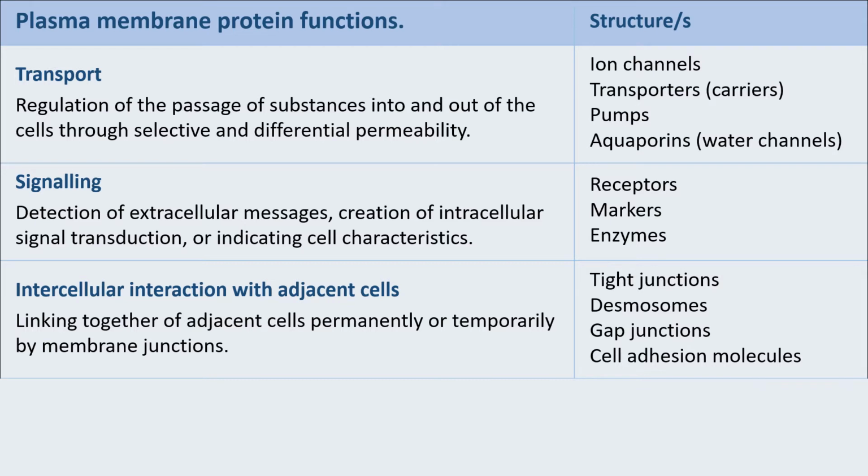So we have to have links between adjacent cells, whether they be permanent or temporary. And this is by membrane junctions. We'll talk about a few different types of junctions: tight junctions, adherens junctions, desmosomes, gap junctions, and also cell adhesion molecules.